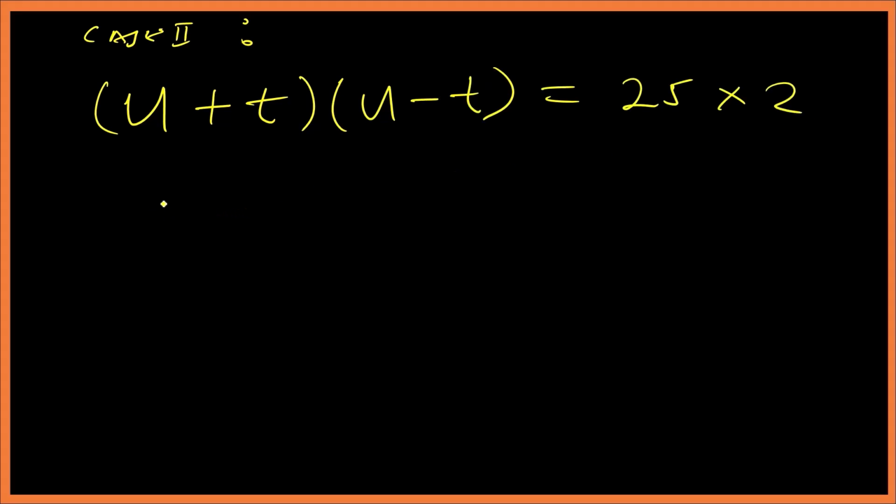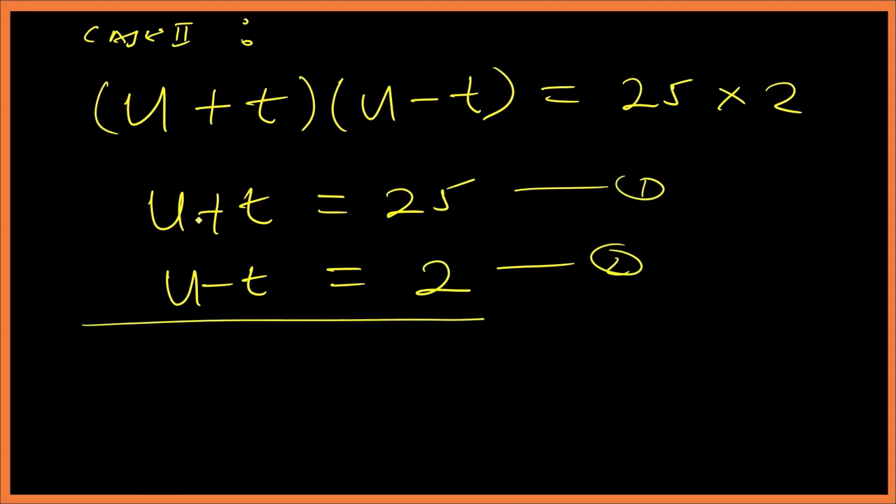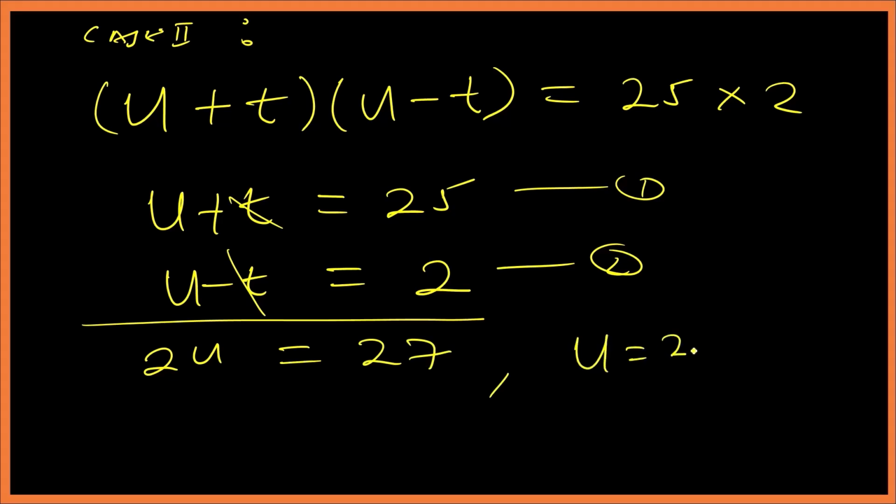It means u plus t equals 25 and u minus t equals 2. So let's add the two equations. Once I do that, I'll get 2u, and this one will vanish, equals 27. So u will be 27 on 2.